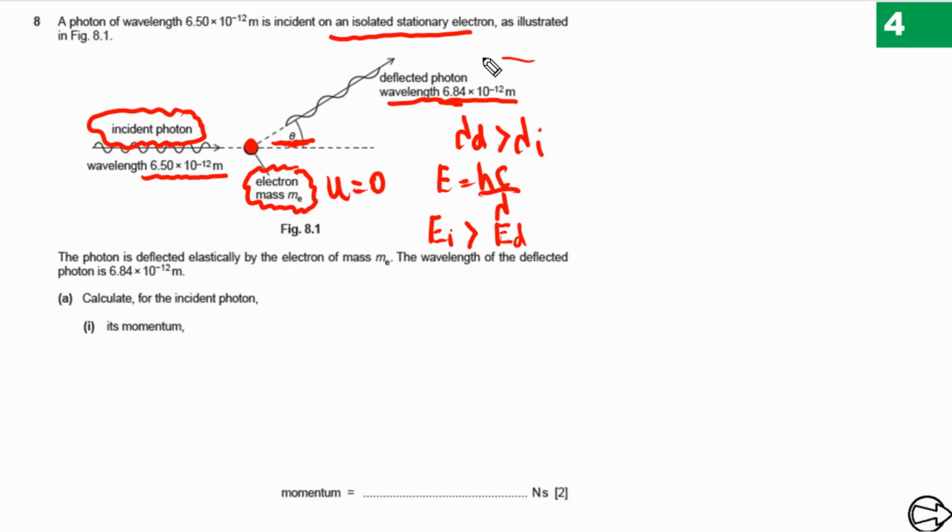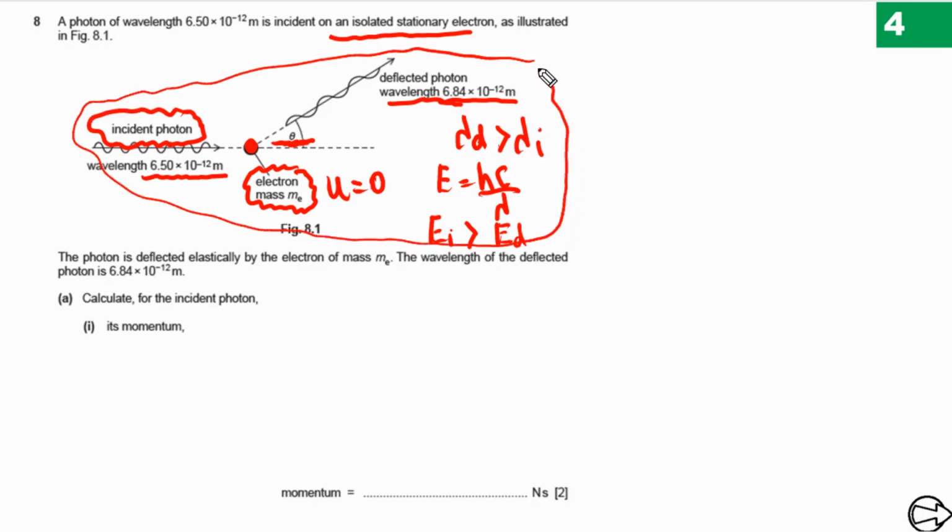If we look at this overall setup, it is like two particles colliding with each other. One particle is gaining kinetic energy and one particle is losing energy. And this whole setup is called the Compton scattering experiment.